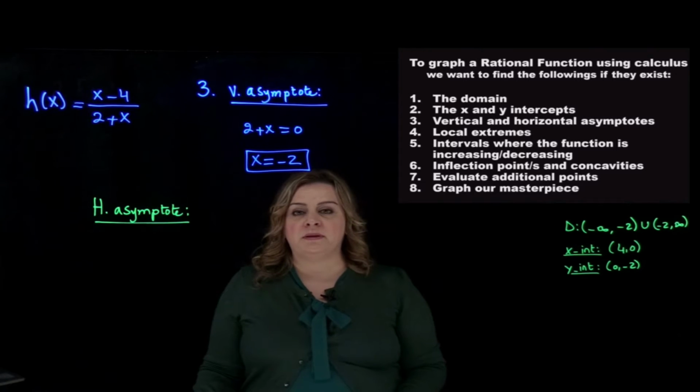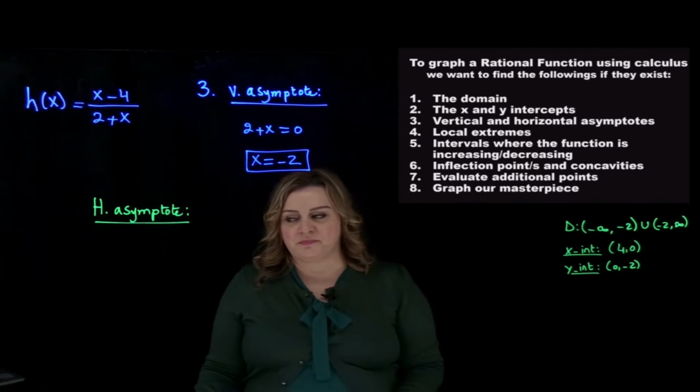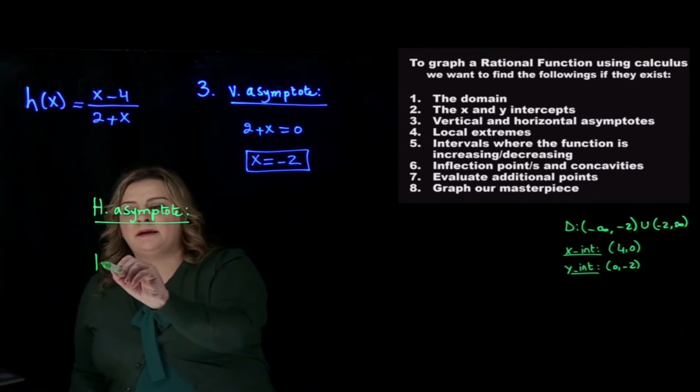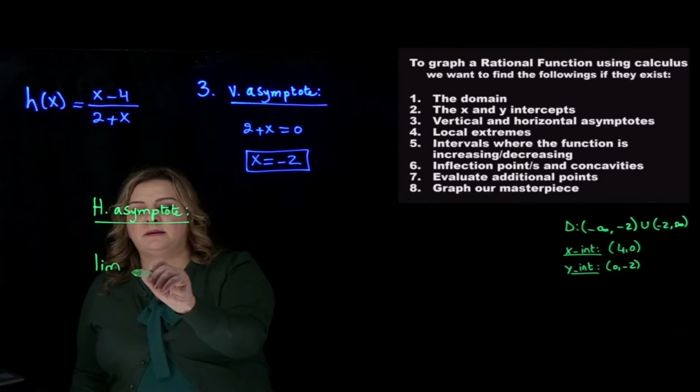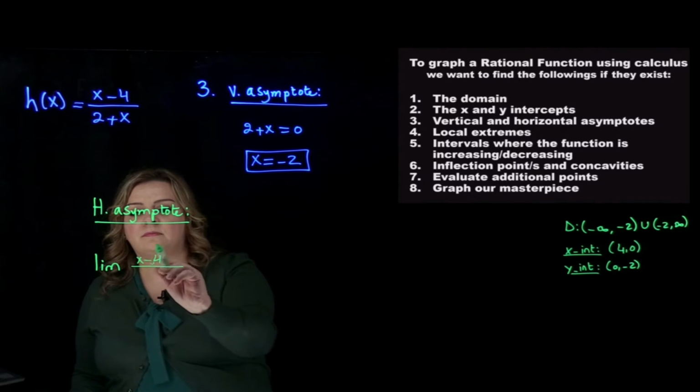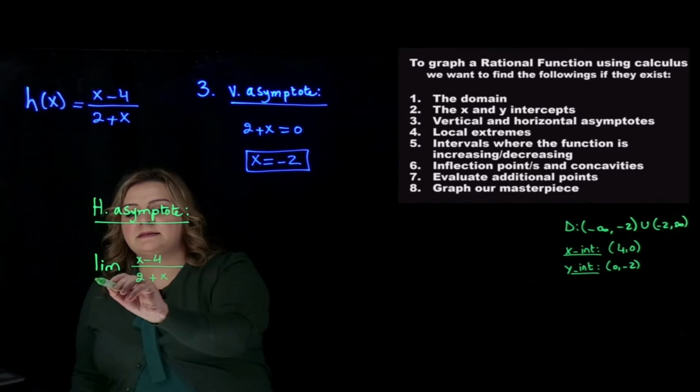Since both will give me the same result, I will combine the process. So I want to evaluate the limit of our function x minus 4 all over 2 plus x as x approaches plus and minus infinity.